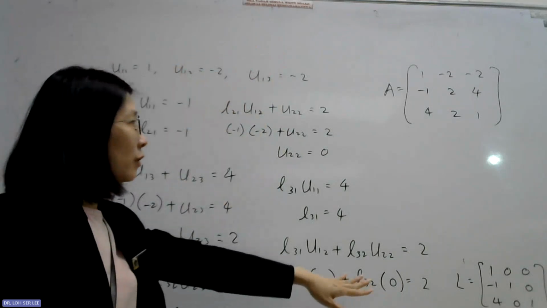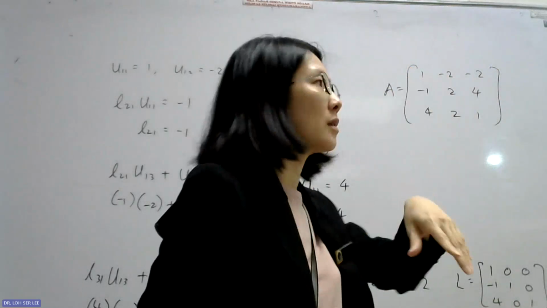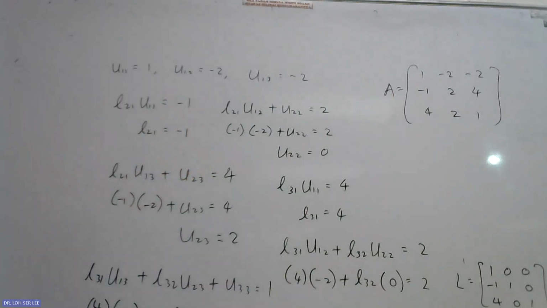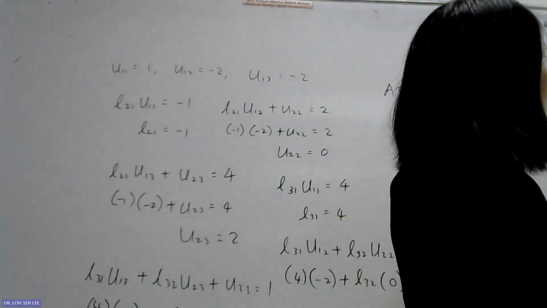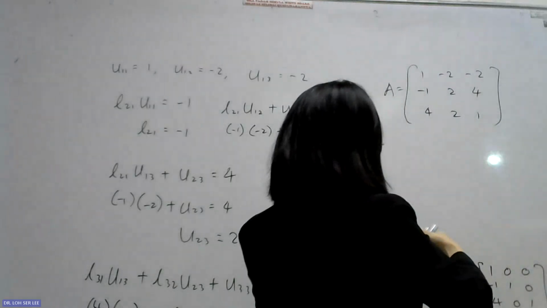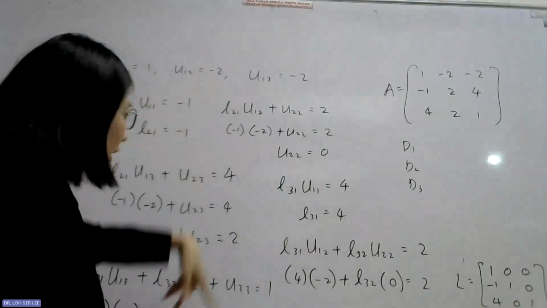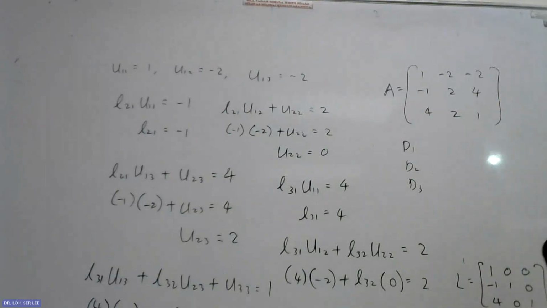If you didn't check whether the D is zero or non-zero and you proceed, you will face something like this, just like in row reduction. When you row reduce halfway, you will find that the pivot position is 0, where you need to swap. So in this kind of case, you need to check first, D1, D2, D3, unless you want to try first, then you need to spend time again after you swap.